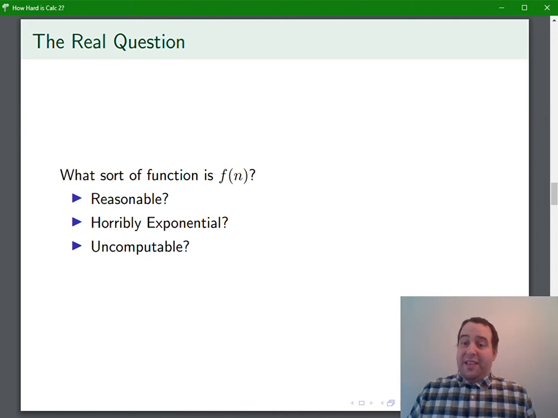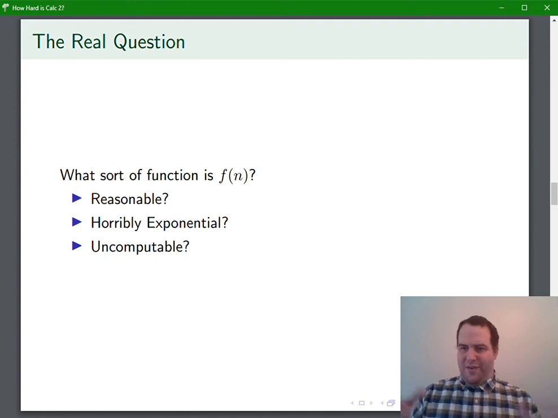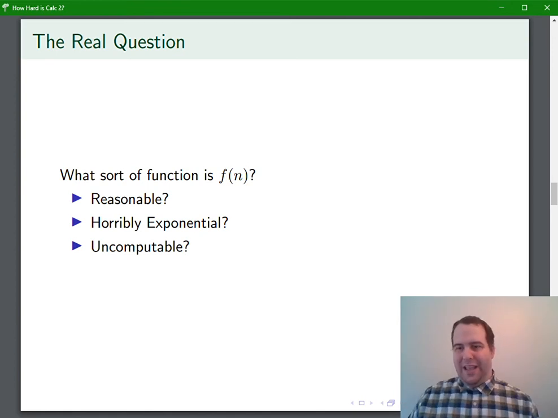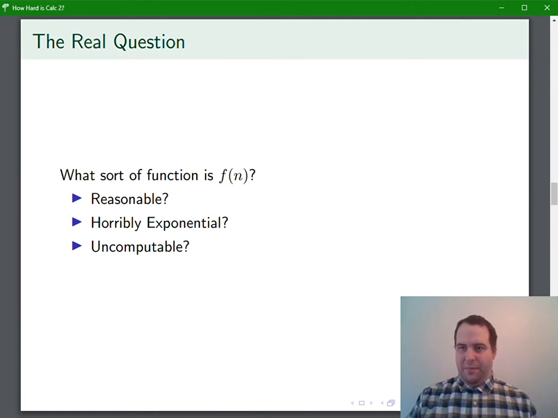And of course, it could be the case that f of n is uncomputable, right? This seems a lot like some sort of busy beaver or halting problem sort of thing. In that case, we don't really know when to stop checking because we can't compute when to stop checking. And so it doesn't really help us in our search. We just have to keep on going forever.